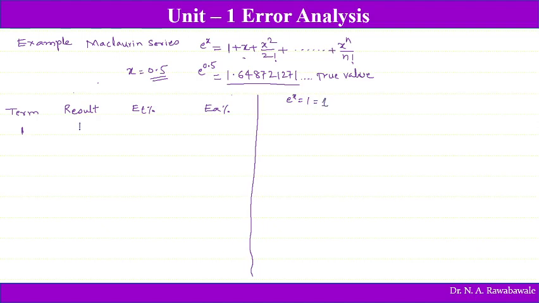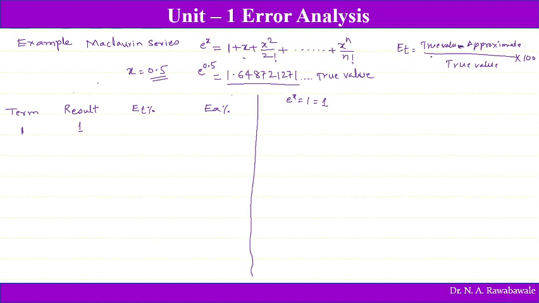So the result is 1. What is the true error? True error is equal to true value minus approximate value, divided by true value, into 100. True value is 1.648721271, we substitute here, and the approximate value is now 1.